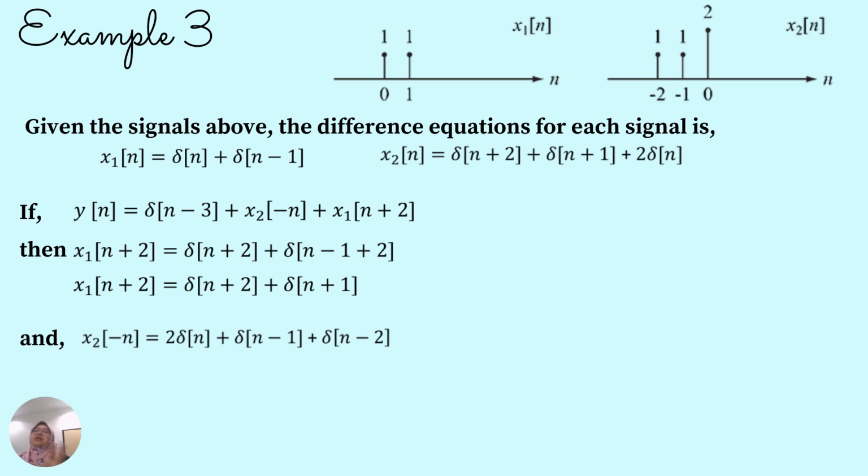So you kena foldkan semua n tu ke sebelah kiri lah, sebab folding kan. Dekat sini you foldkan signal tu, means that all the n ni, you kena tolak 1.